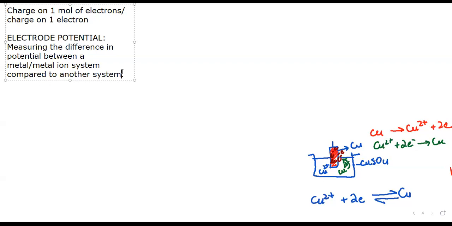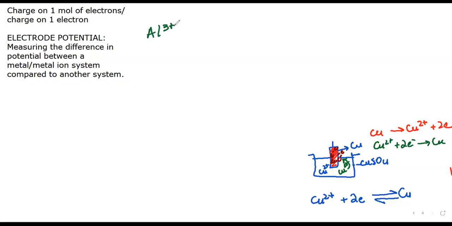Okay, all right. So this is what electrode potential is, right? By convention, by tradition, when I talk about electrode potential, I'm talking about a reduction reaction. For example, let's say I have aluminium.